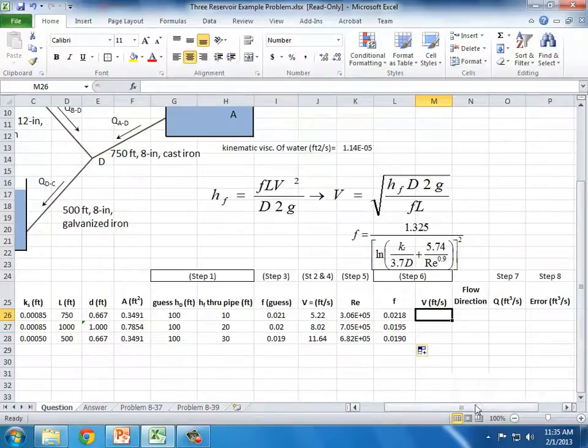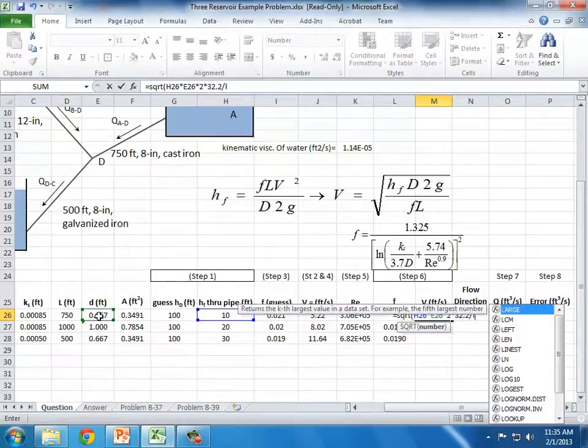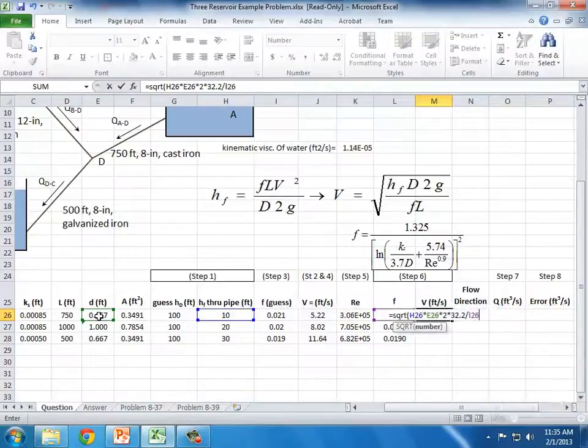Yeah, we use the same h sub f. Okay, so square root of h sub f times d times 2 times 32.2 divided by f. In this case, it's L26 divided by the length.